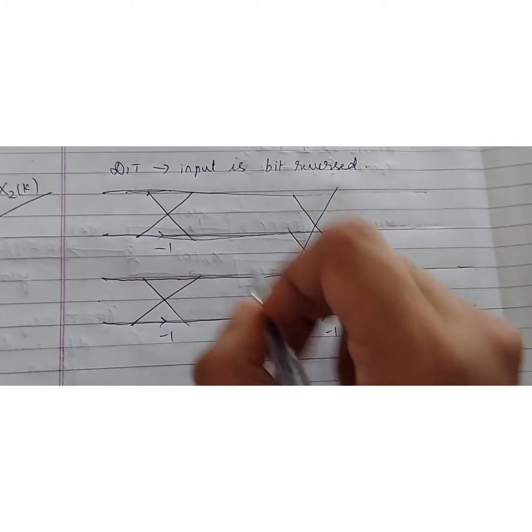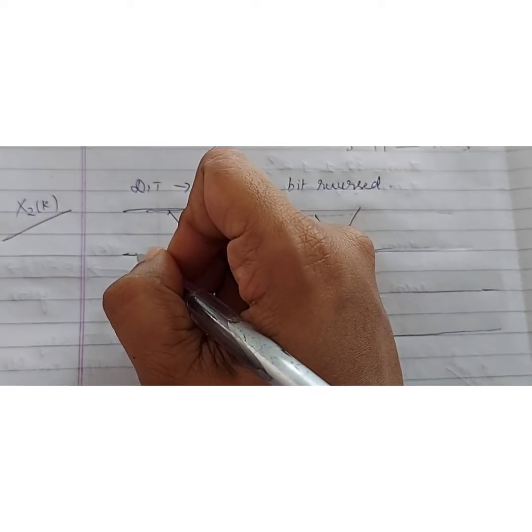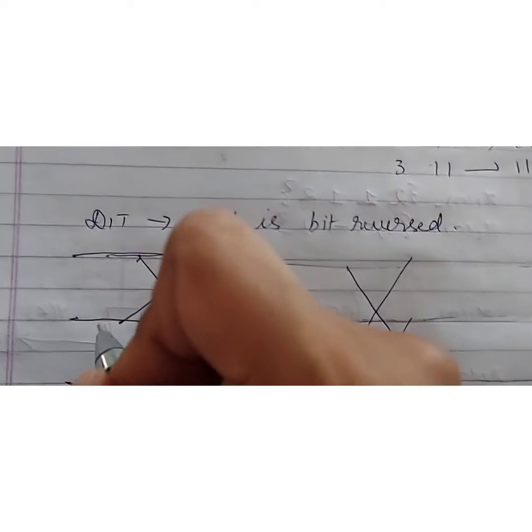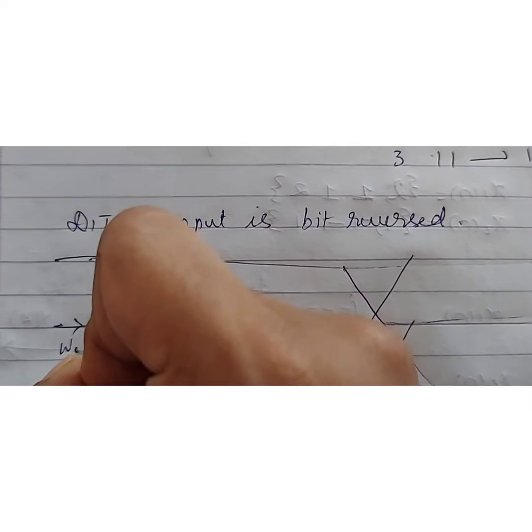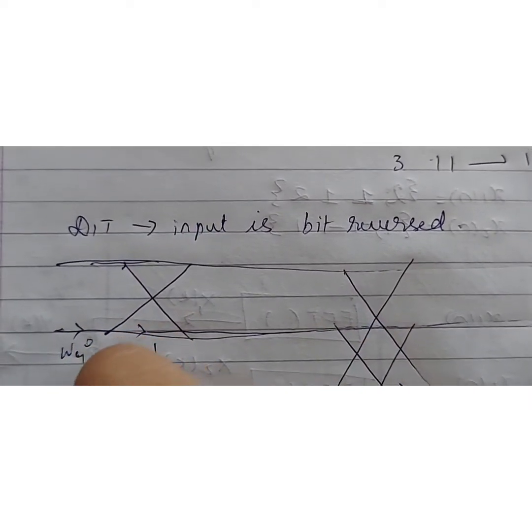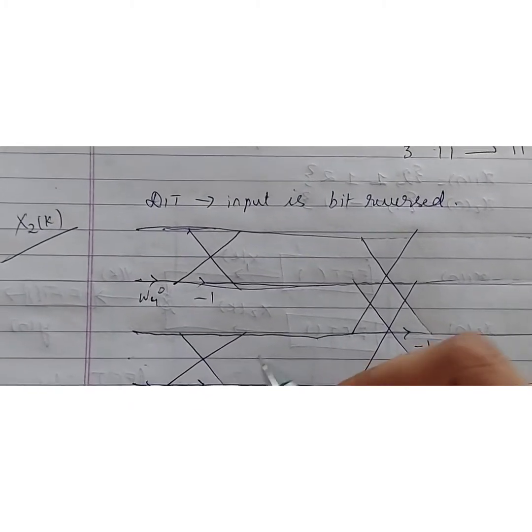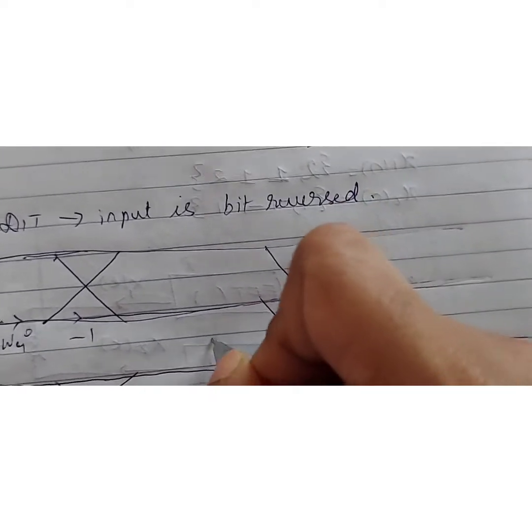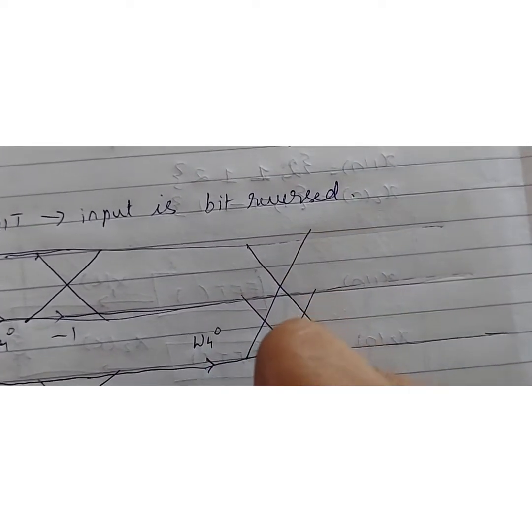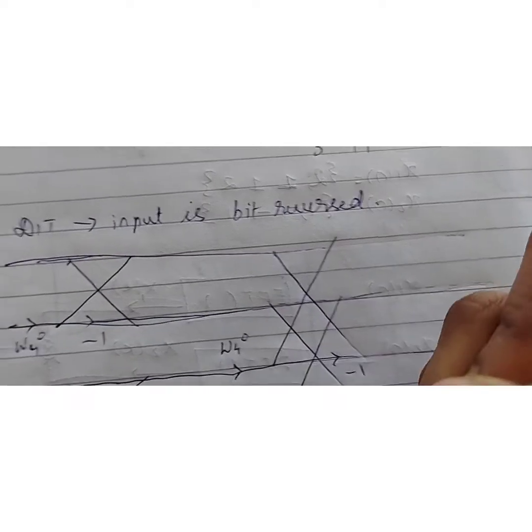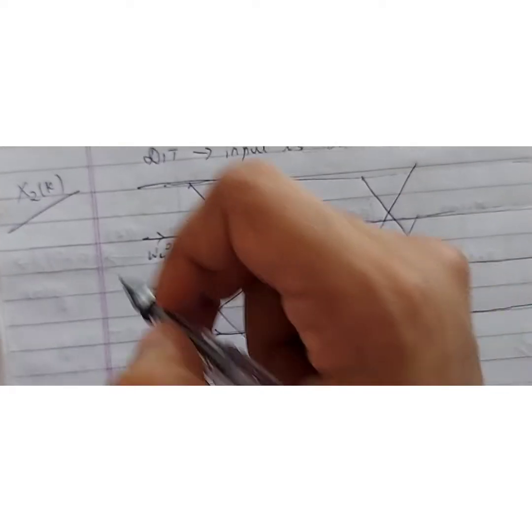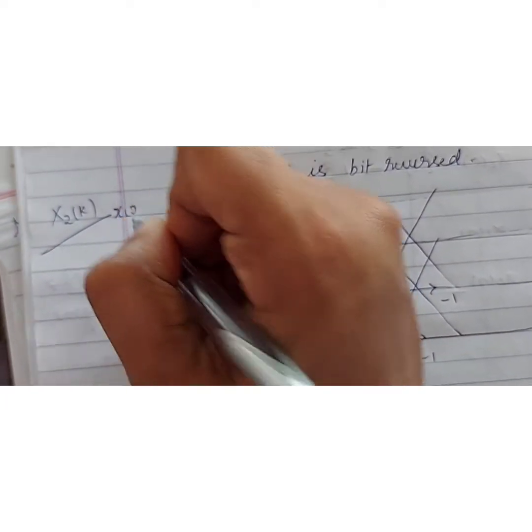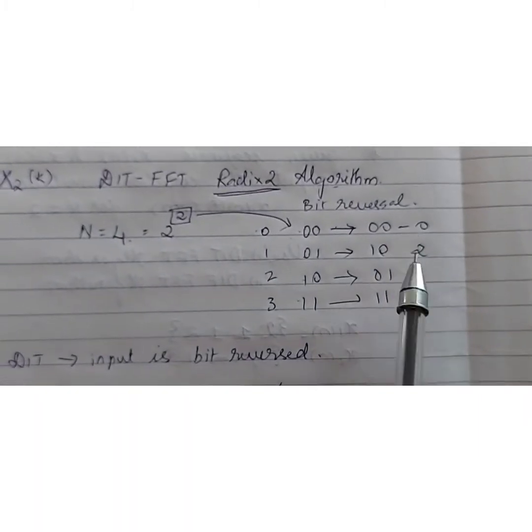And in the earlier cases, you remember the input that you're going to give here is W4 power 0, which is nothing but 1 itself, but it's mandatory to write it. This is the butterfly structure here, and here we have our W4 power 0 and W4 power 1, and the input, as I told you, I'll be feeding in the bit reversed order, 0, 2, 1, 3.